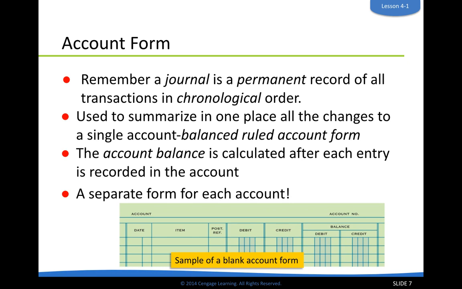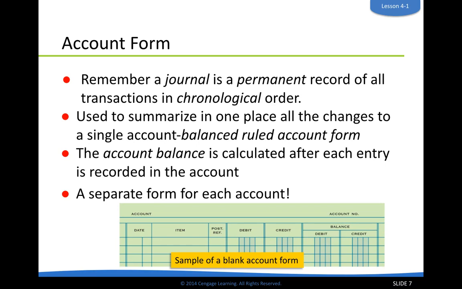Well, it's not that easy to determine how much, for instance, supplies we have, or how much a company owes us, or how much we owe a company. So instead, we are going to use these account forms to summarize in one place all the changes to a single account. This is called a balance ruled account form.